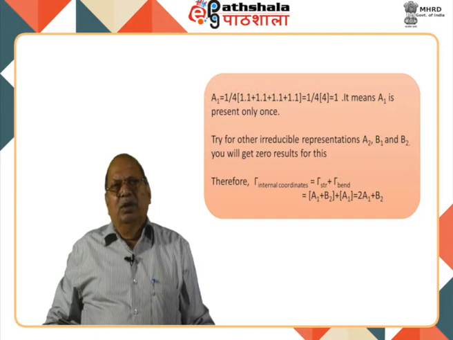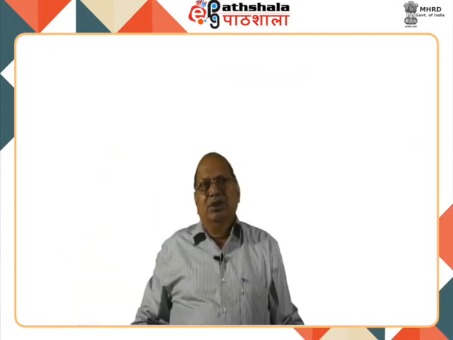Therefore, tau internal coordinates means I am using bond stretching and bond bending. So, tau internal coordinates is equal to tau stretch plus tau bending. Tau stretch is A1 plus B2, plus A1. It comes out to be 2A1 plus B2. The result is the same as we obtained earlier using tau 3N as the basis for representation.